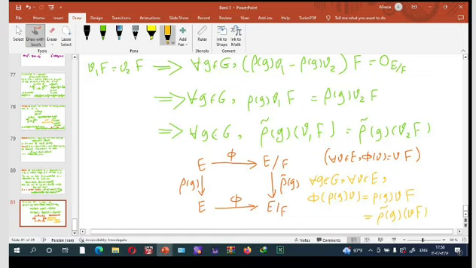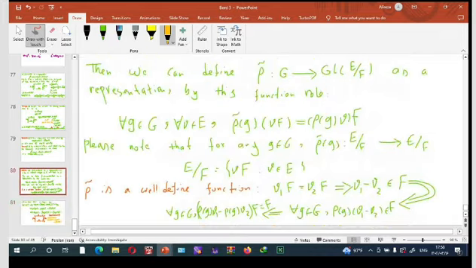Please note that this is our definition: rho g of v of F equal to rho tilde of g of vF.